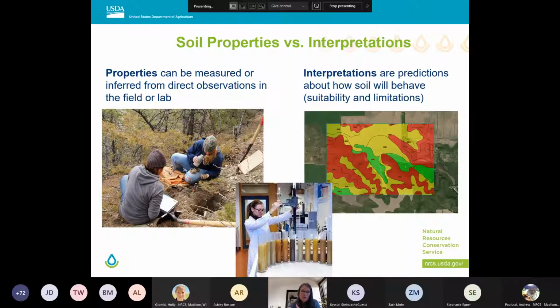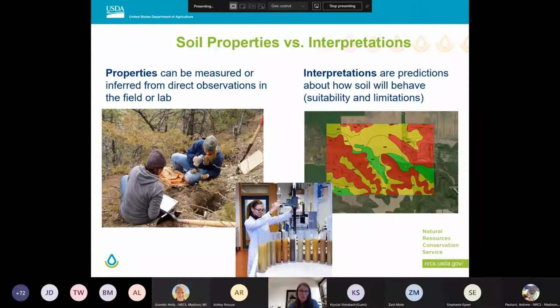A property can be measured or inferred directly in the field or with lab. It's the characteristics and qualities of the soil, and it has impact on land use and ecological purposes. The properties are used to classify and map soils, and they are the foundation for the interpretation. So you have to understand the properties so then we can develop interpretations.